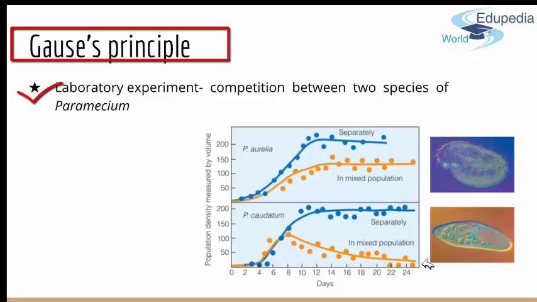So if you remember the story of niche, these two species had different niches, different food requirements, so each species used the food available for itself.